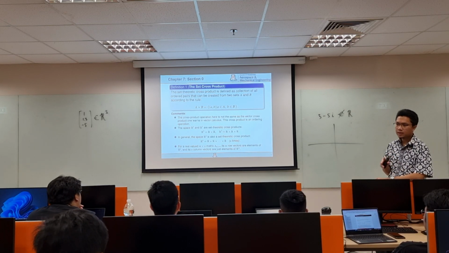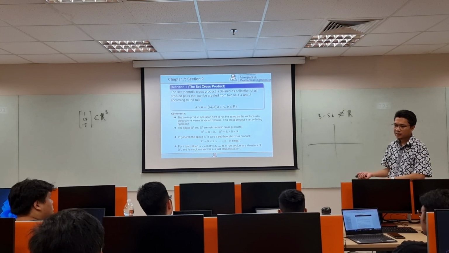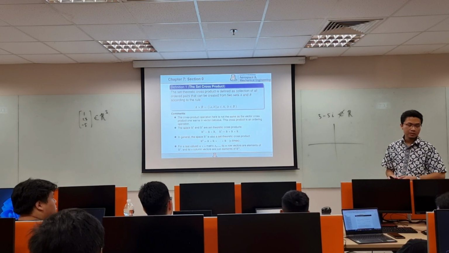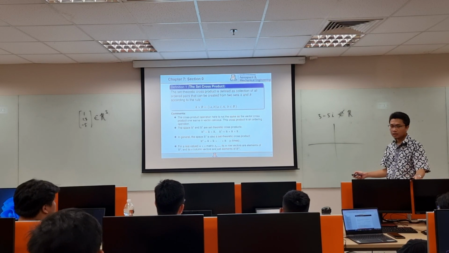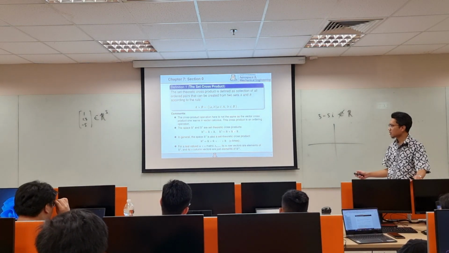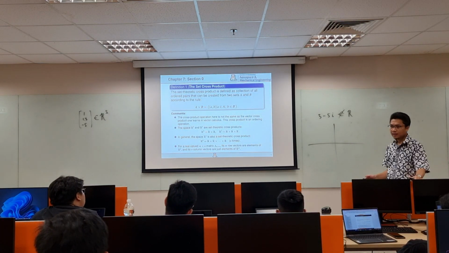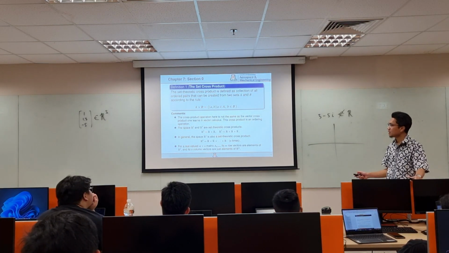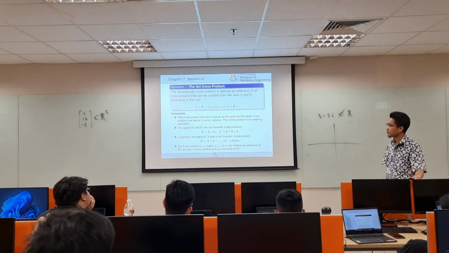Just for the sake of completeness, technicality, correctness in mathematical definition, actually R2 is R cross R, and R3 is just R cross R cross R. The same meaning as you see here.